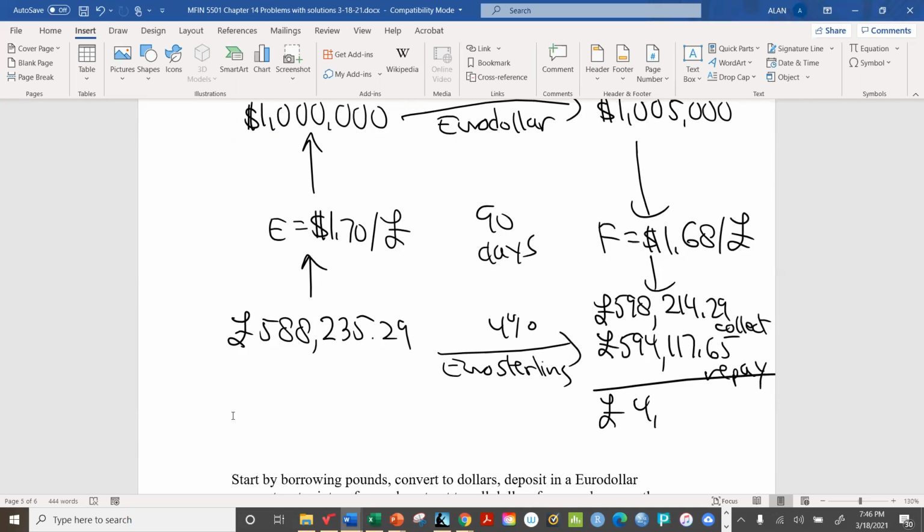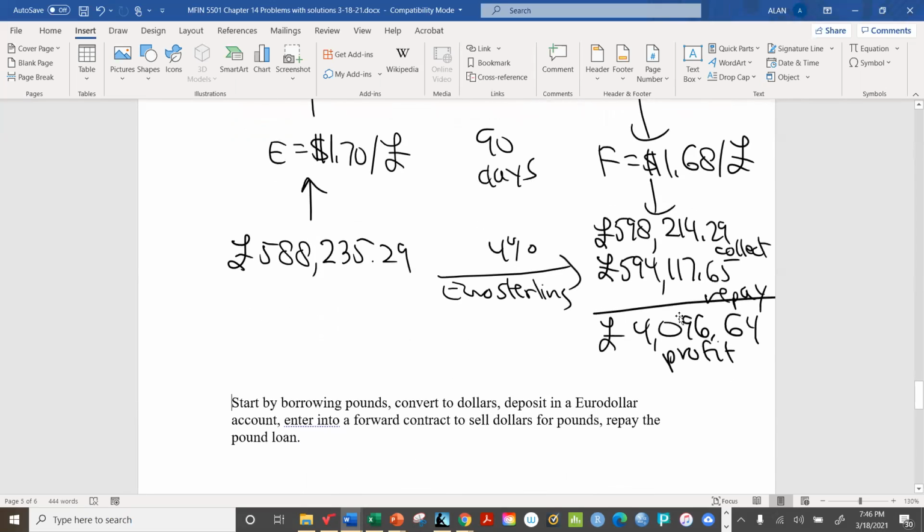So that's a tidy little profit of 4,096 pounds and 64 pence just for a few minutes work. Okay, so this is our profit. But you notice everything works in reverse. Also, it's denominated in pounds, but that doesn't really matter because it's still a profit. Okay, if we want dollars, we can trade them for dollars.